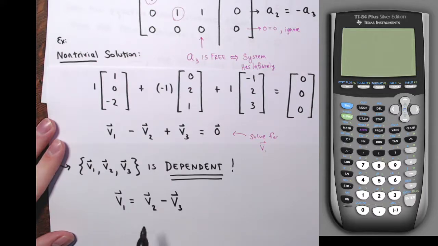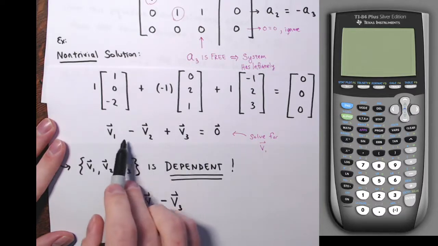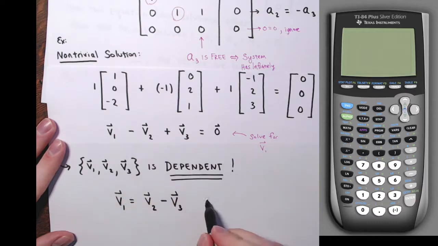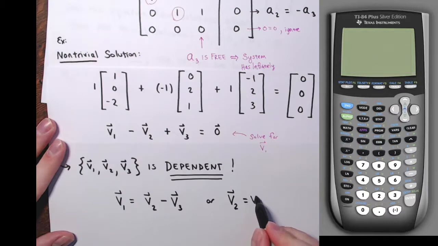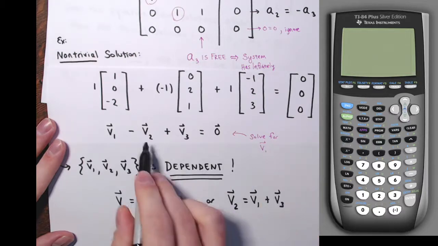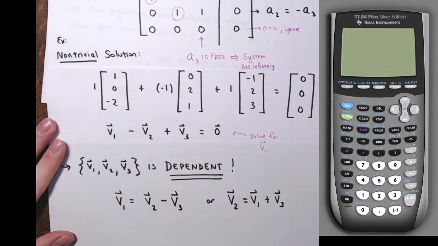So you could say that vector 1 depends on vectors 2 and 3, because it can be written as a linear combination of them. But I could also solve this equation here for v2, or we got v2 would be equal to v1 plus v3. Right, if I just add v2 to both sides, you solve for v2.